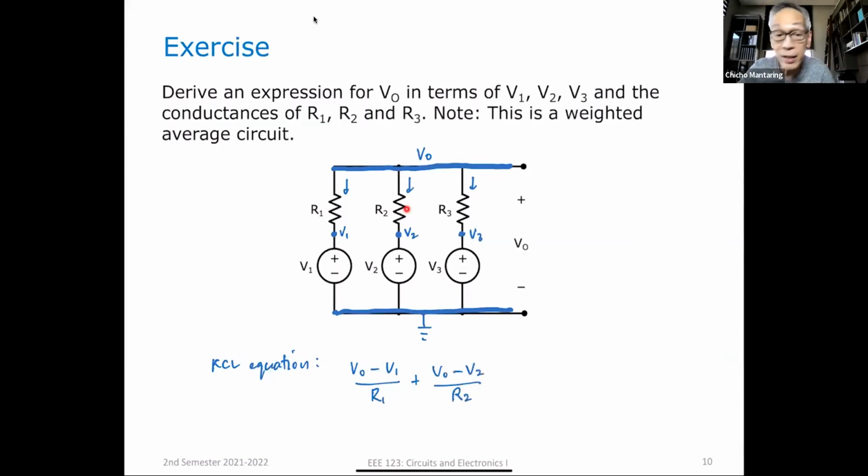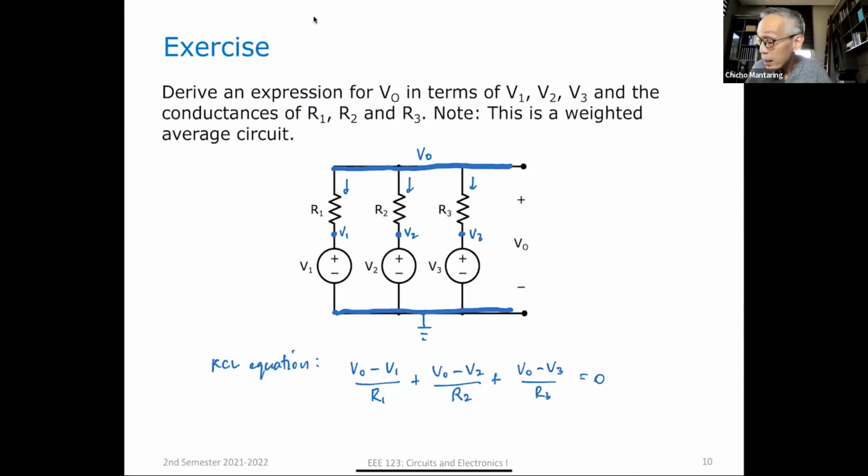That's this current, plus V sub O minus V3 over R3, that's this current, is equal to 0. Any question with regard to this expression? Okay. Malinaw, no? It's very clear.